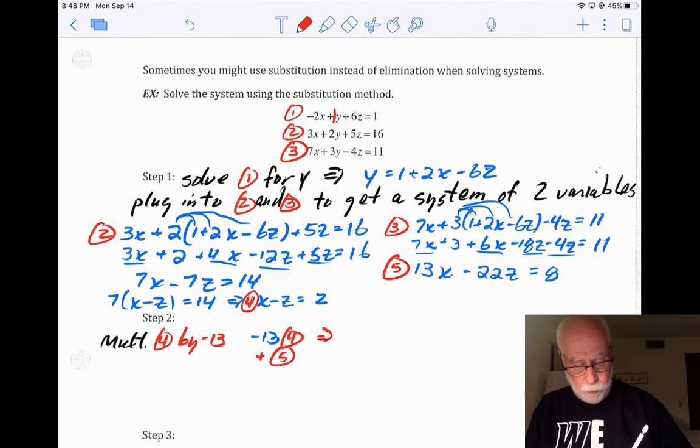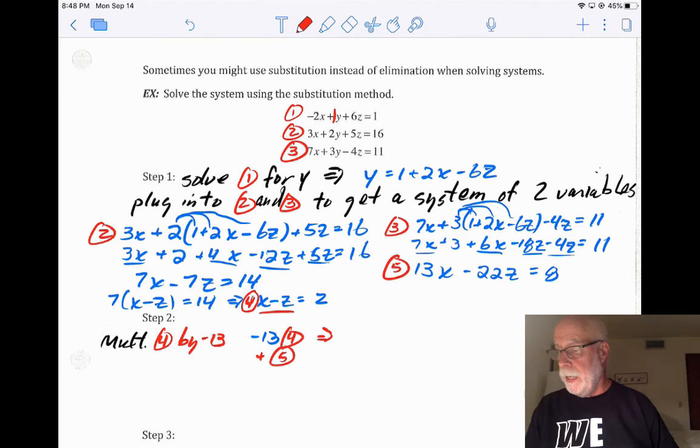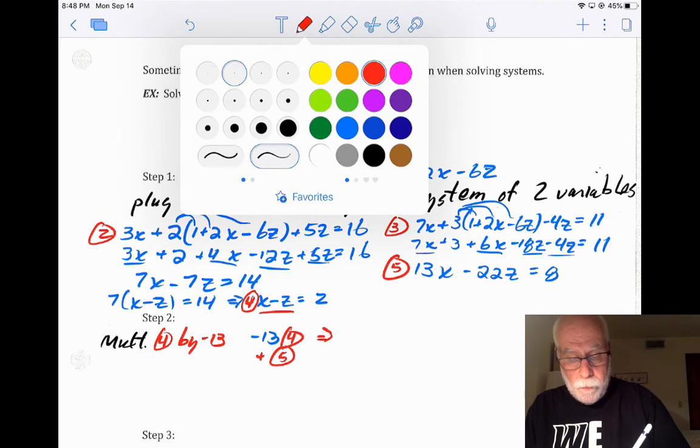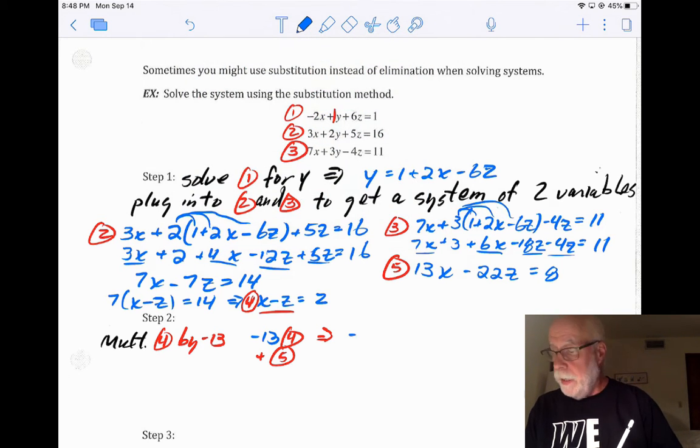If I multiply it by negative 13, I'll get negative 13x. Negative 13 times a negative z is plus 13z. And then negative 13 times 2, notice I'm multiplying everything, will give me negative 26.